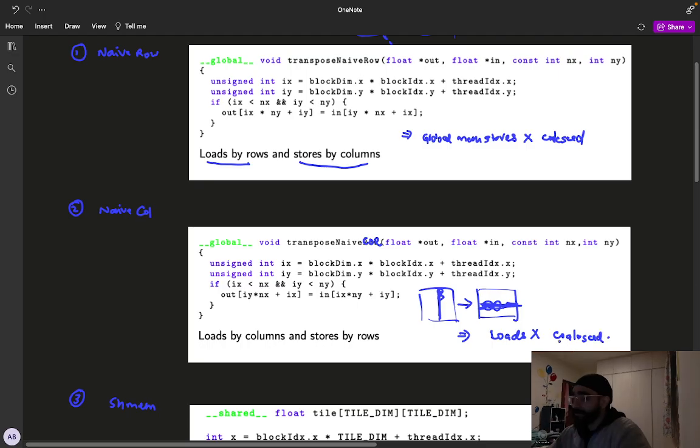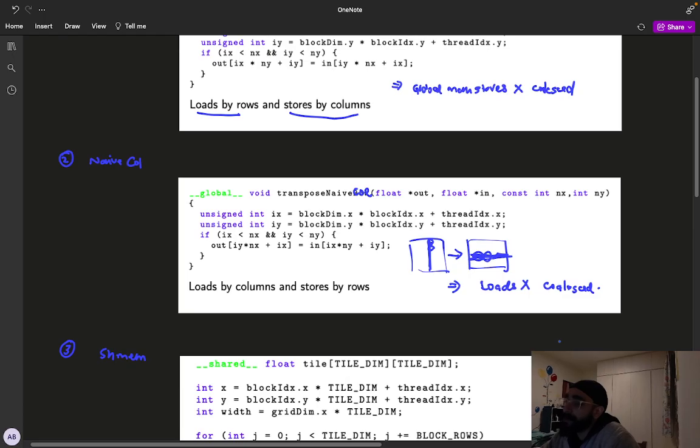If we do not use any intermediate structures, because of the way matrix transpose is defined as an operation, there has to be either global memory loads that are not coalesced or global memory stores that are not coalesced. In the code, this is the ix, this is iy.